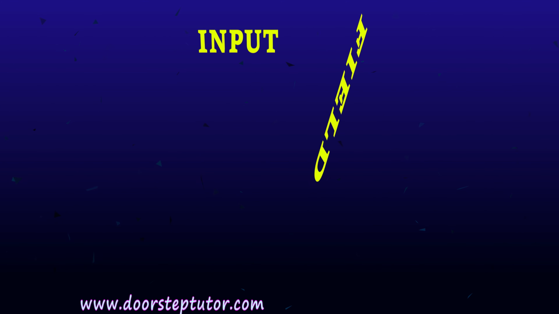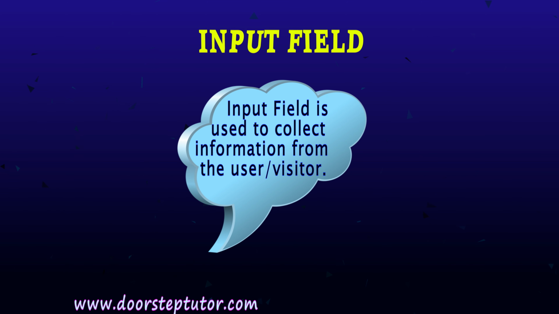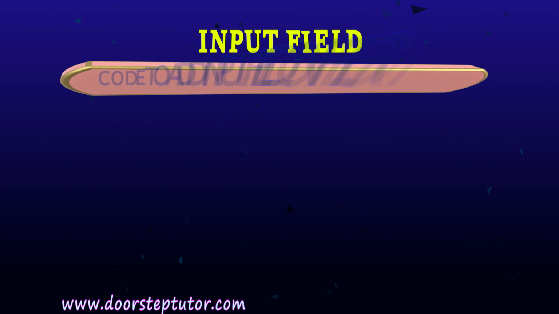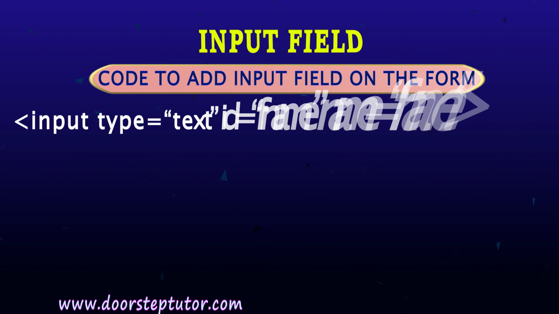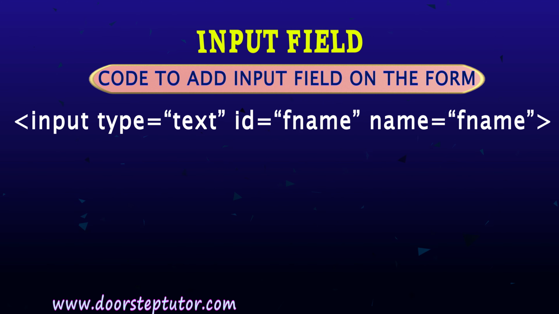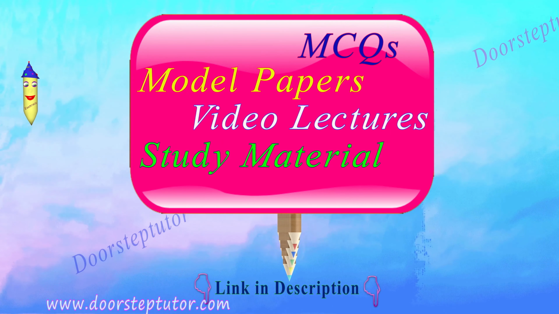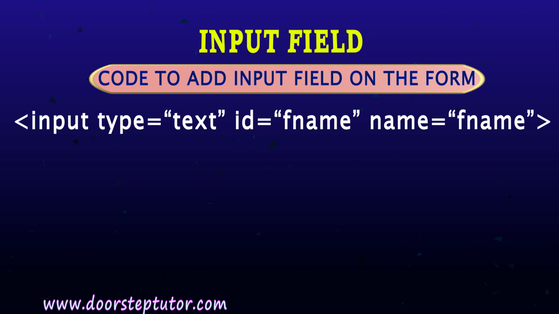Then about the input field. Input field means the text box where we will have the data about the user, where the user will fill the text. So I have taken the code input type is equal to, in the double quotes I have taken text. Text means that this is the text box and the ID is the unique ID or the name of this particular text box.